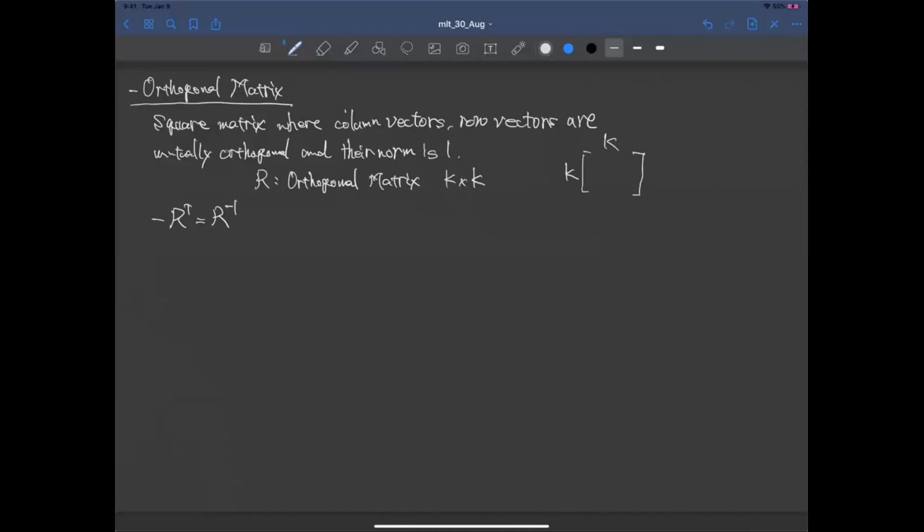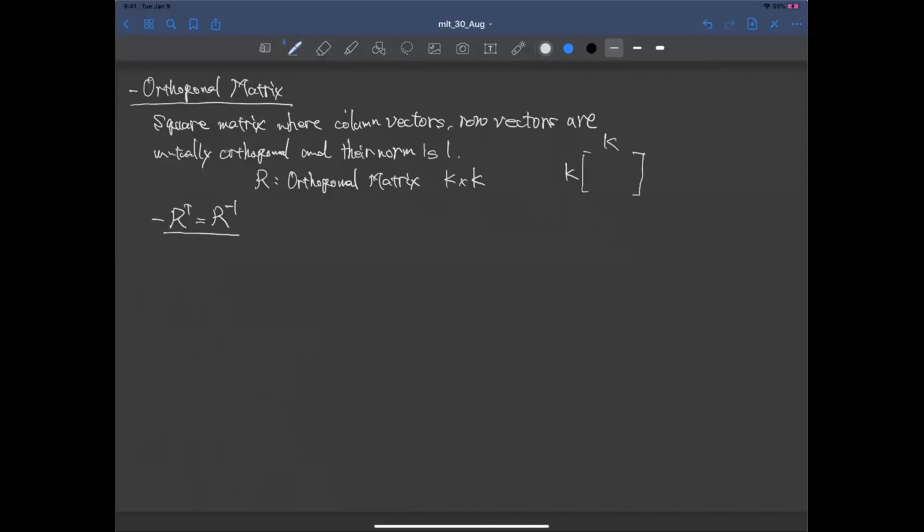This is one of the properties an orthogonal matrix has, which is really important. I'll explain why. So we can say the transpose matrix equals the inverse matrix.